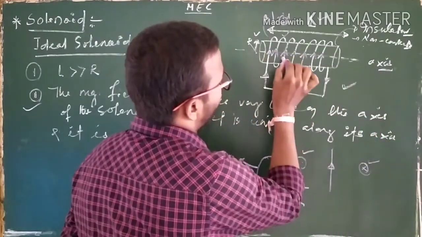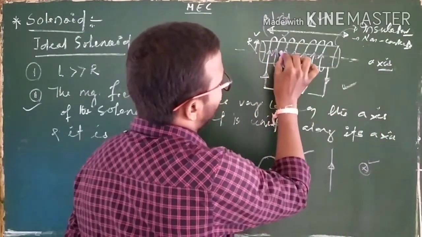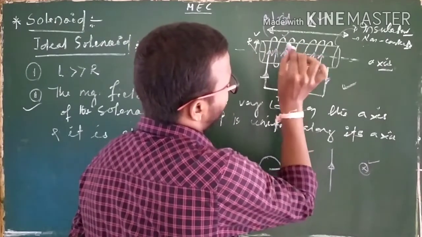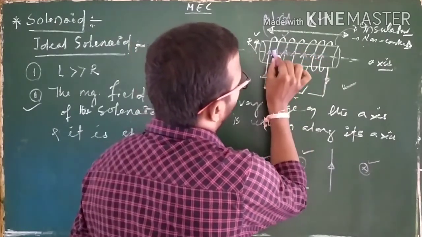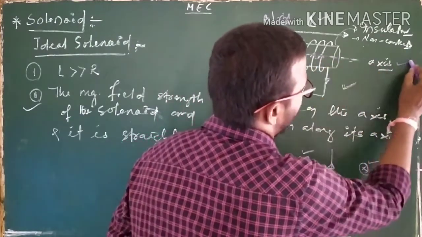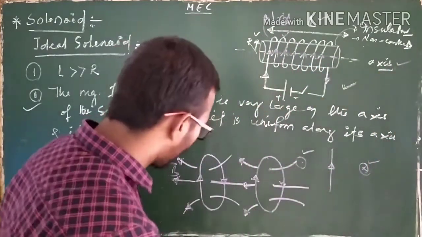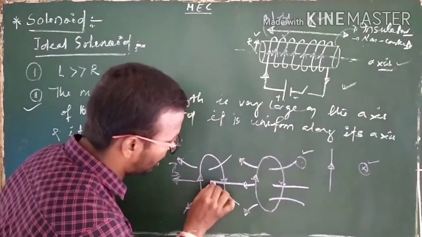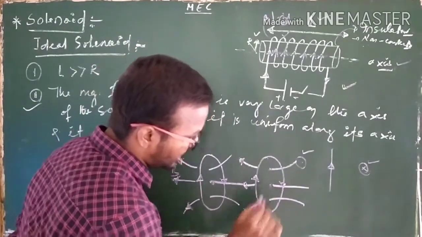This is the center of one ring, center of another ring, and if we join all the center points of the rings, then this makes a straight line which is the axis of the solenoid. Clear?